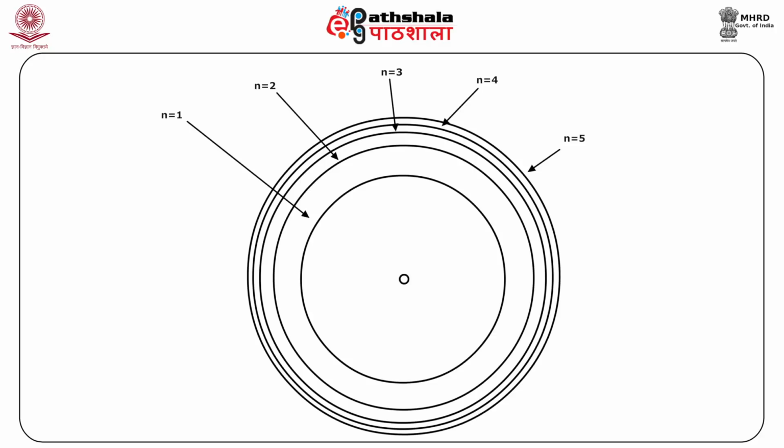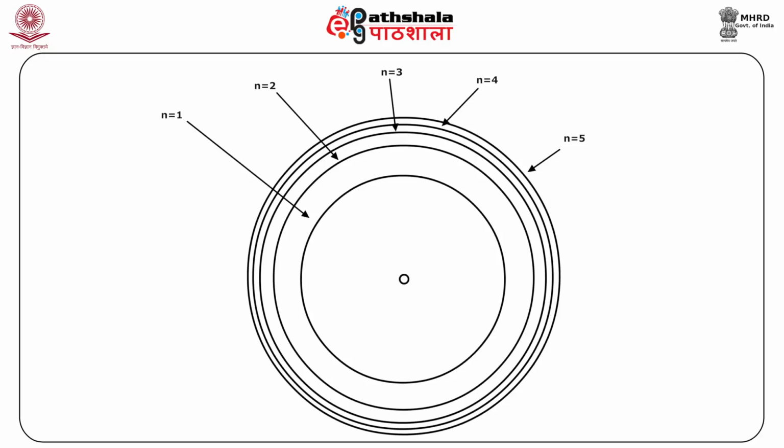The principal quantum number n tells about the basic energy level and distance from the nucleus for the given electron in an atom. It tells about the main shell of the electron. A higher value of n means a greater amount of energy, which suggests that the electron is present farther away from the nucleus.